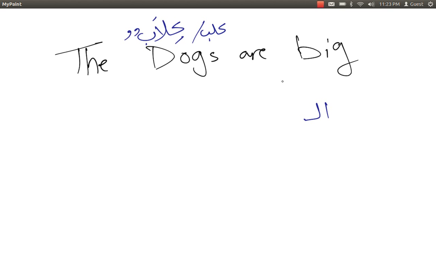Kilabun. And the word for big is the same word for old, which is kabir. And because we're talking about a lot of dogs, we would use kibar. Now, that is wrong. Because dogs are not human, we will use kabiratun.